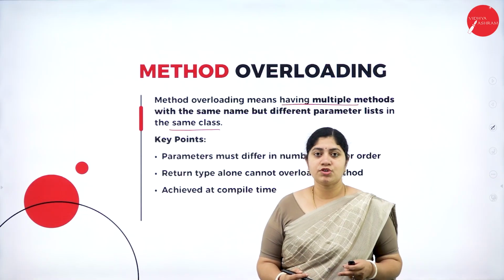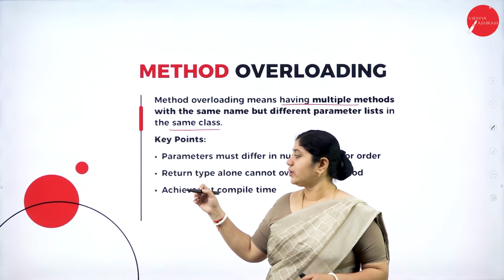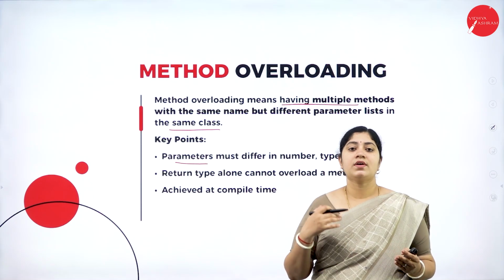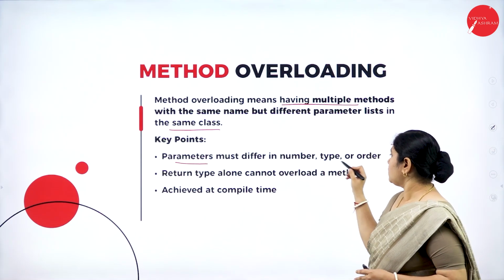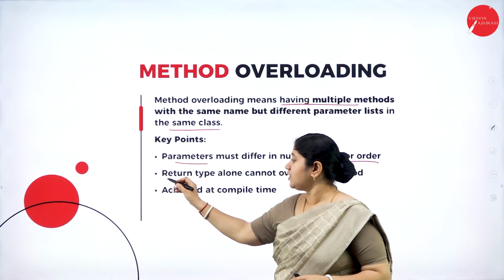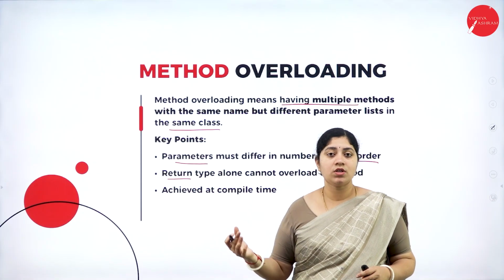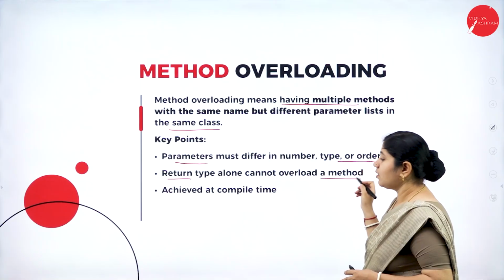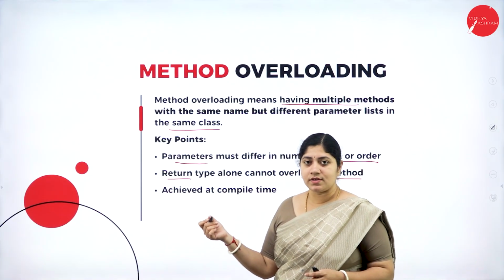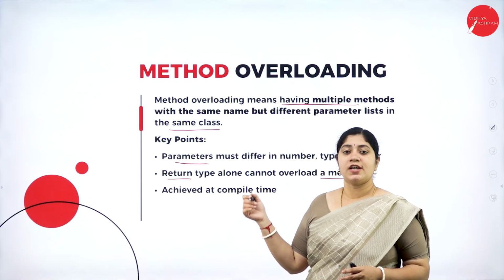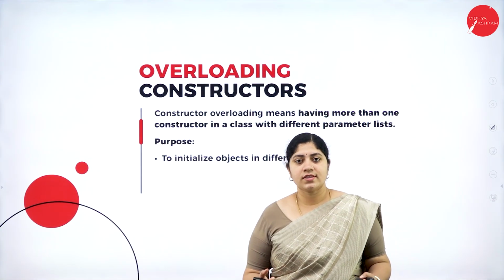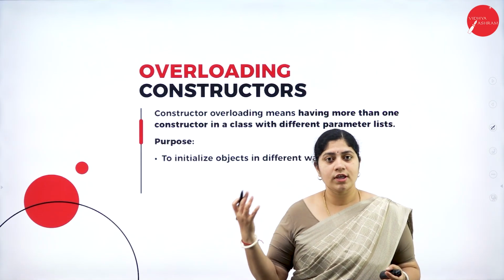The key points to note with respect to method overloading: the parameters must differ in number, type as well as order. Second, the return type alone cannot be responsible for overloading a method, and this is achieved at compile time basically.